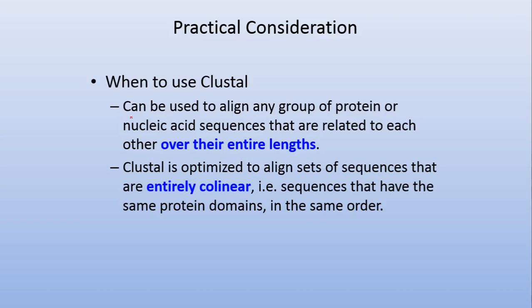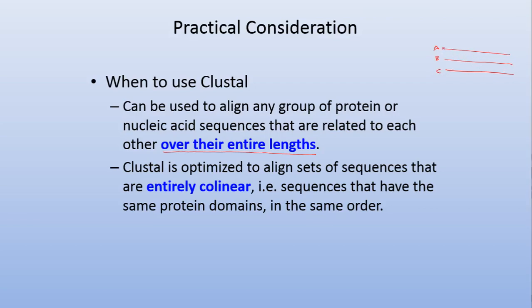The first assumption, which is understood, is that when you use Clustal, whatever sequences you provide as input to this program are related to each other over their entire lengths. For example, if you are using these three sequences and trying to generate the multiple sequence alignment using progressive strategies with Clustal, it is understood that sequences A, B, and C are related to each other over their entire length.